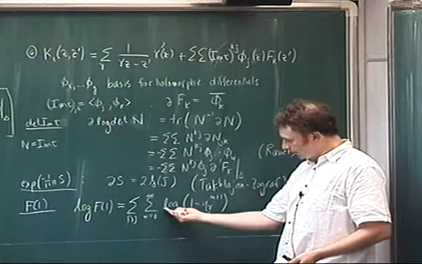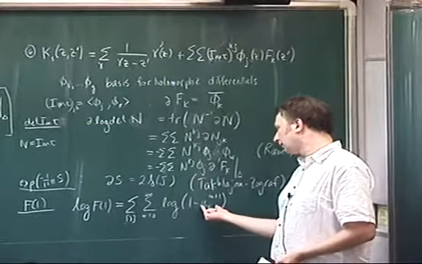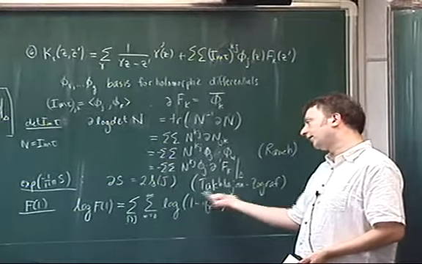You can write, since q gamma has modulus less than 1, this log of 1 minus q gamma as a series itself.